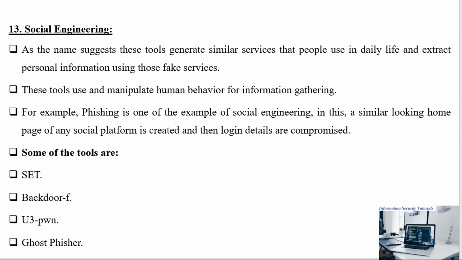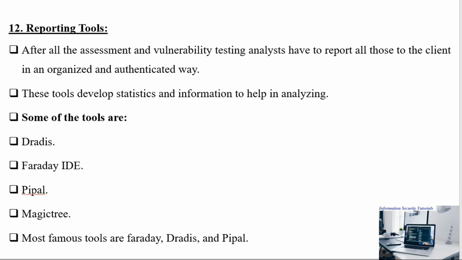For example, phishing is one example of social engineering. In this, a similar looking home page of any social platform is created and then login details are compromised. Some of the tools include SET, Backdoor F, U3PWN, Ghost Fisher.